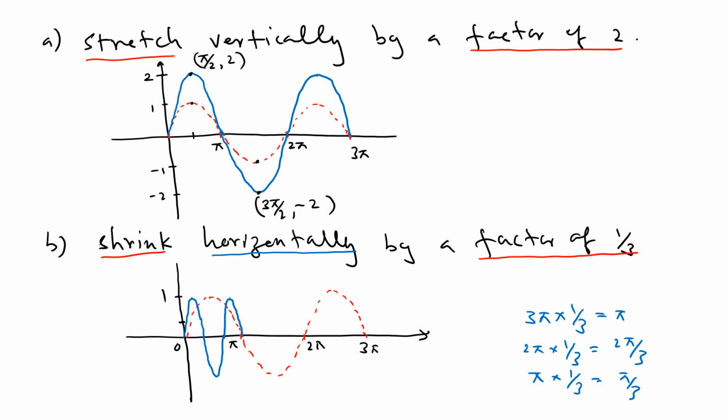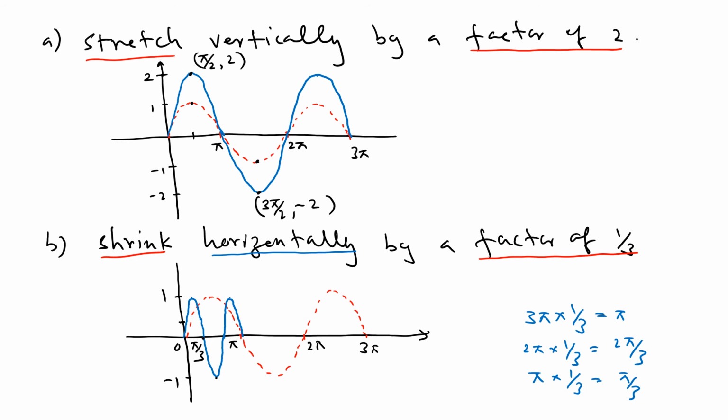Those are the new values. For example, this value is now pi over 3. And there are no changes in the vertical direction. The vertical value stays the same, so this is still -1. That's what happened in the vertical and horizontal stretching.